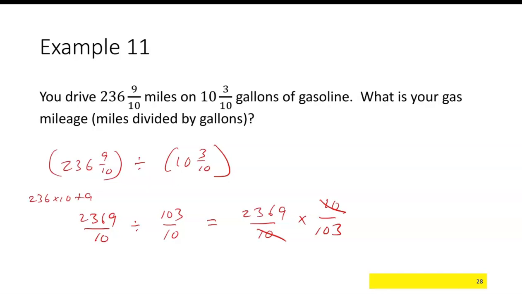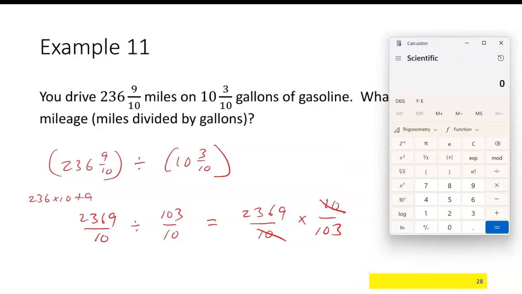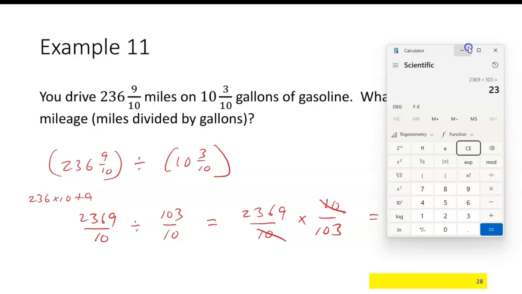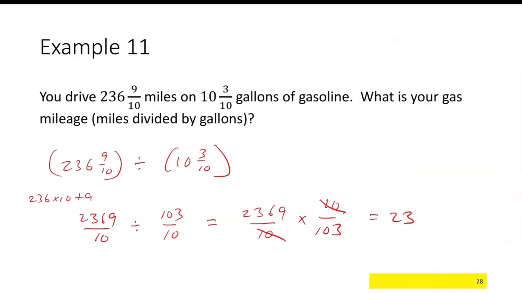So 2,369 divided by 103. Let's see how it comes out. 2,369 divided by 103, I get 23. So that comes out to be 23 miles divided by gallon, so that becomes miles per gallon.